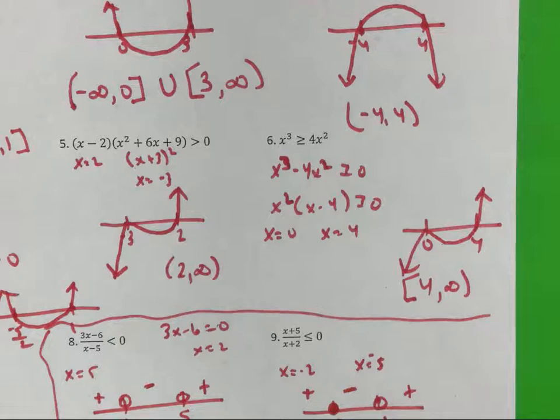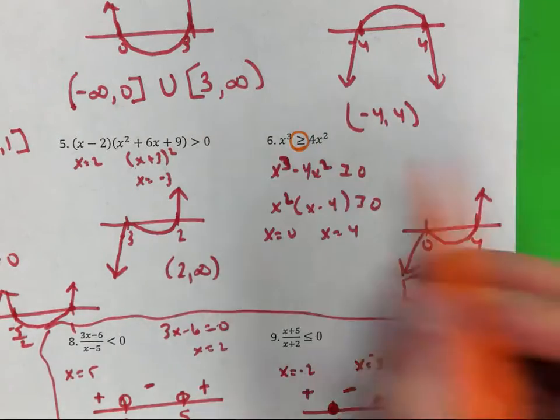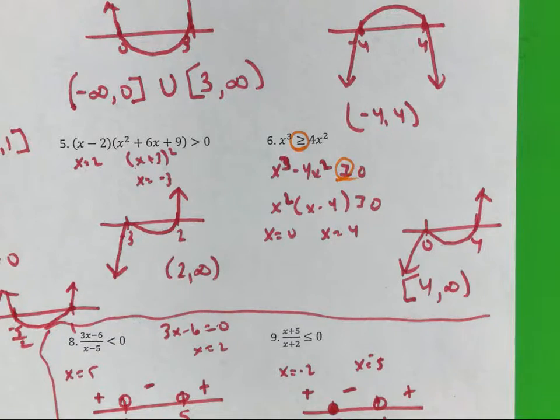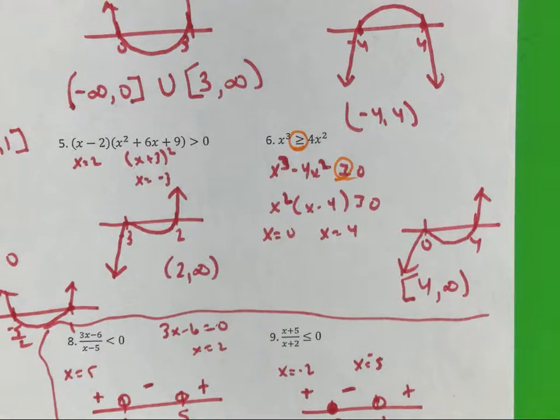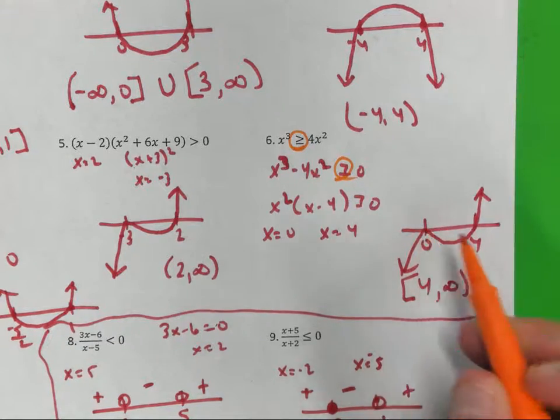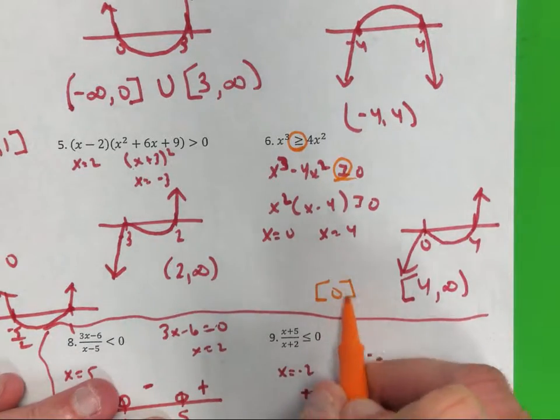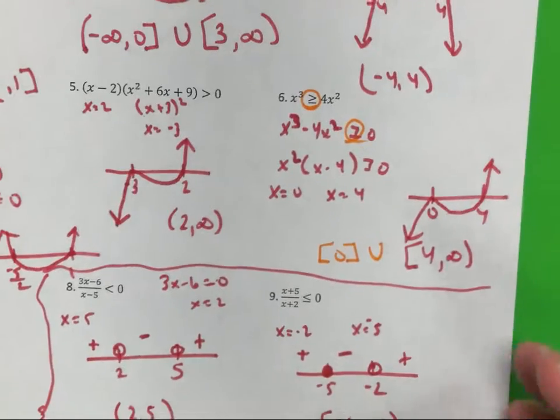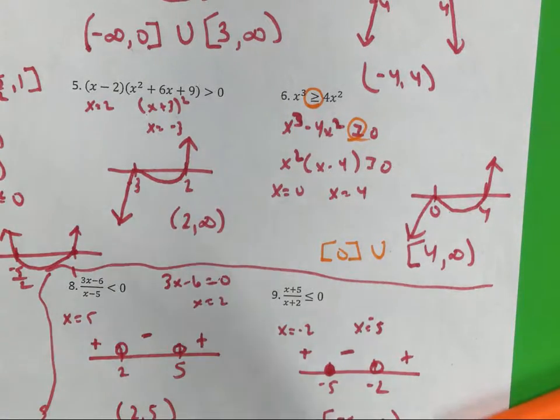Number 6. What does it say here? Greater than or what? Equal to 0. So is that all of my answer right there? We forgot something, didn't we? What did we forget? Isn't it equal at 0? So you should have bracket 0 union 4 because it is equal at 0, okay?